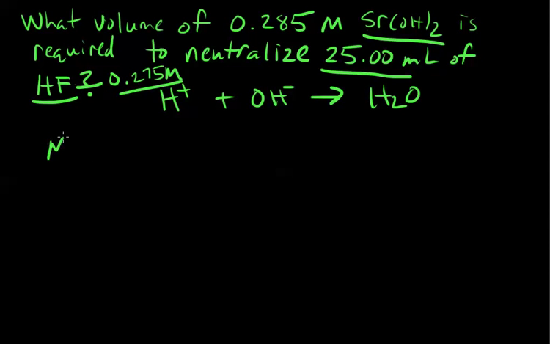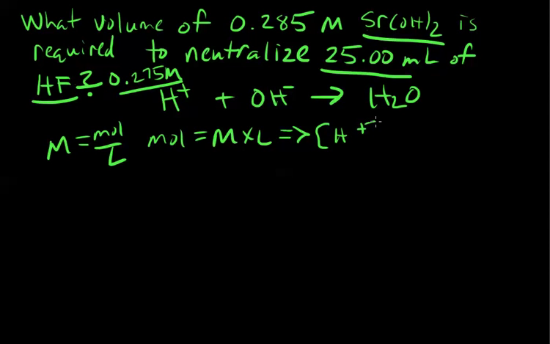Oh yeah. Alright, so molarity equals moles over liters. We want to find moles. So moles equals molarity times liters. So we're looking for the concentration of hydrogen ions produced by this hydrofluoric acid. So there's one hydrogen ion per hydrogen fluoride. So we have 0.275 molar times 25 milliliters divided by 1,000 is 0.02500 liters.